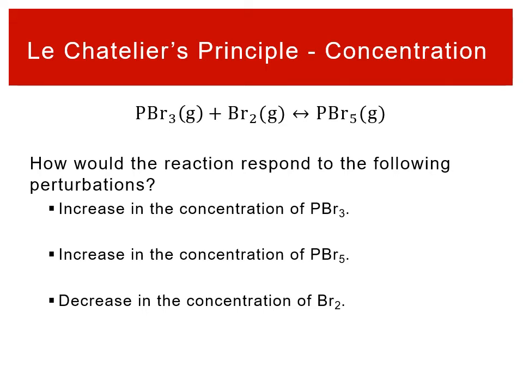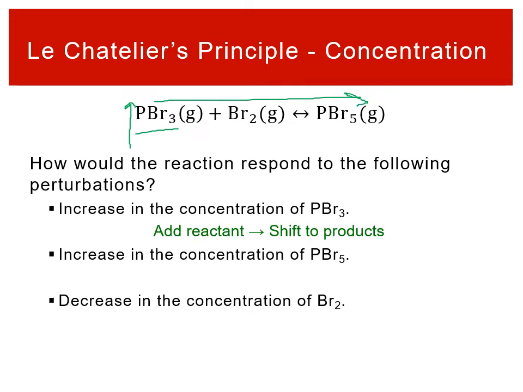I can see that PBr3 is a reactant. If I increase the concentration of a reactant, the system will respond away from that. And so that would be a shift to products. Whenever I increase a reactant, I expect to see a shift to products because there's too much reactant, so the system will respond to get rid of it.